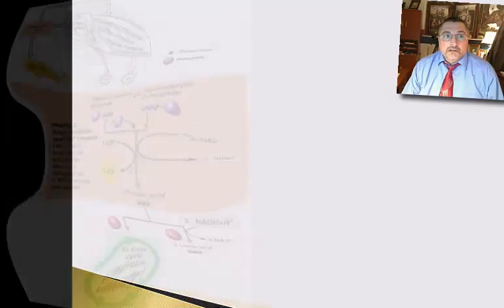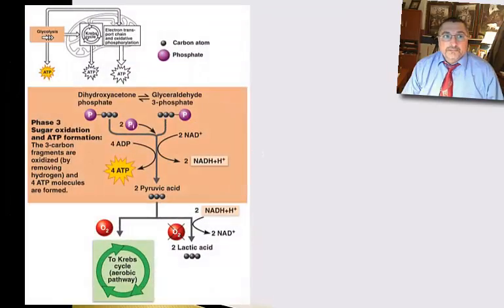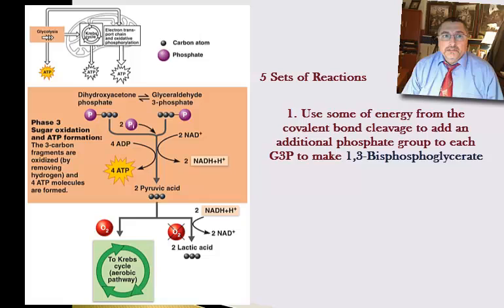The third phase of glycolysis is sugar oxidation. In sugar oxidation, we're going to take the two G3P molecules and use the high energy that has been invested in them by the utilization of the two ATPs prior and the energy from the cleavage of the covalent bond. We're going to take advantage of this high energy. In the initial reaction of sugar oxidation, another phosphate group is added onto the G3P molecules to create 1,3-bisphosphoglycerate.